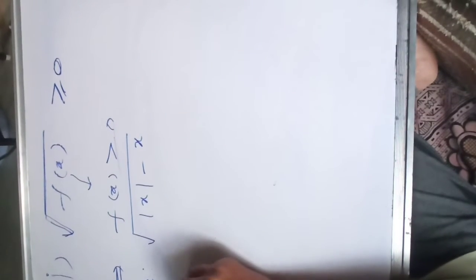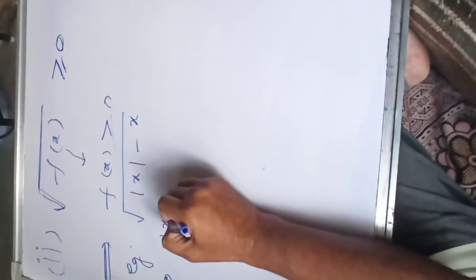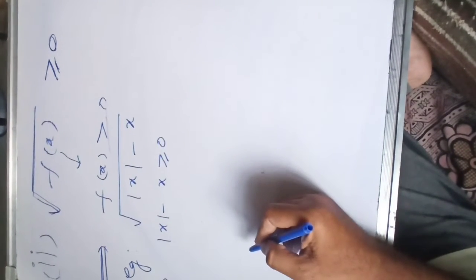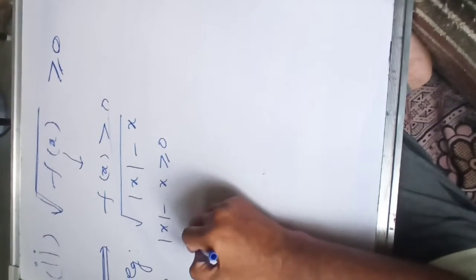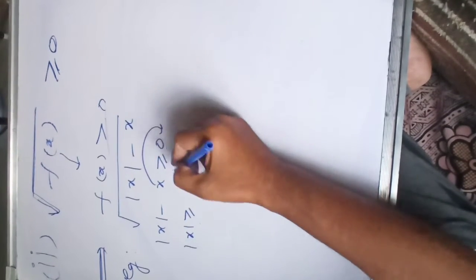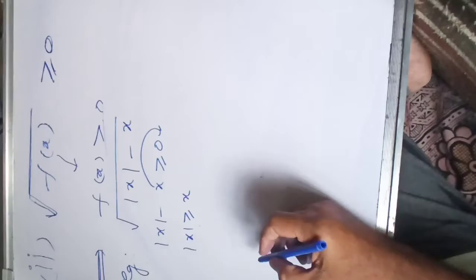So we know mod x minus x is greater than or equal to 0. Now check it: mod x is greater than or equal to x, if you transpose this x to the right side, it is plus x.